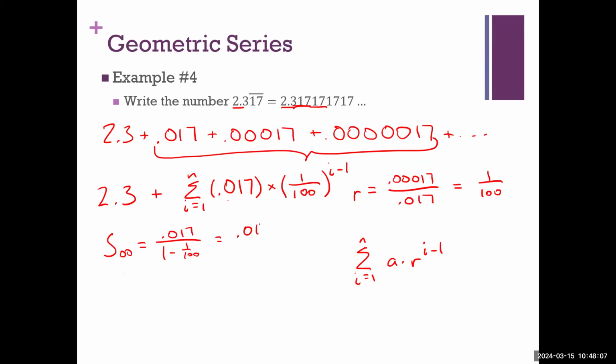So 0.017 over 0.99. So what does that come out to be? 17 over 990.